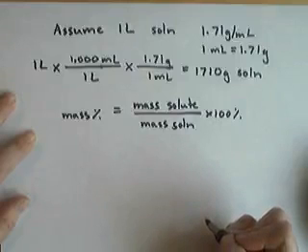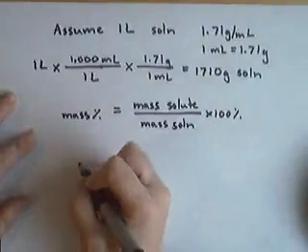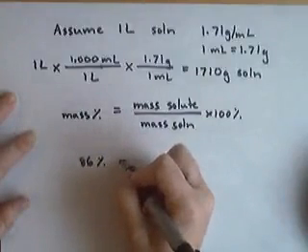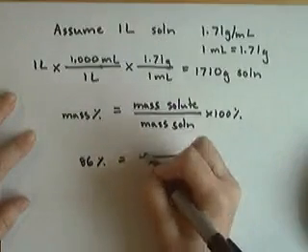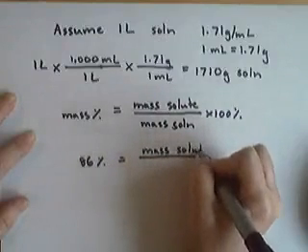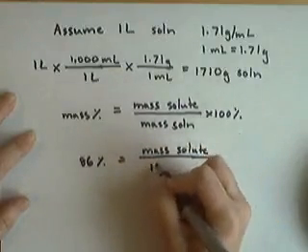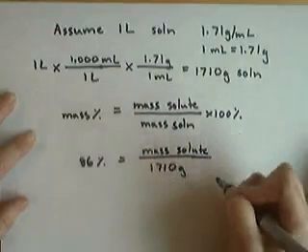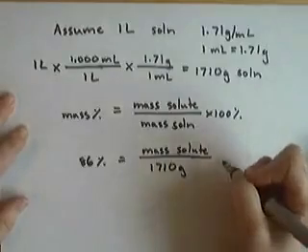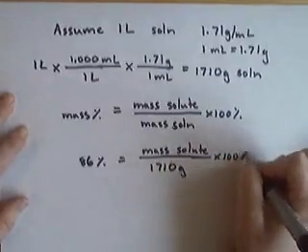So we're given that the mass percent or weight percent for this phosphoric acid is 86%, and we don't know the mass of the solute, but we do know that the mass of the solution, of that 1 liter of solution, is 1,710 grams, right?